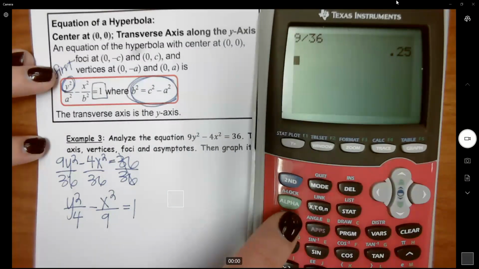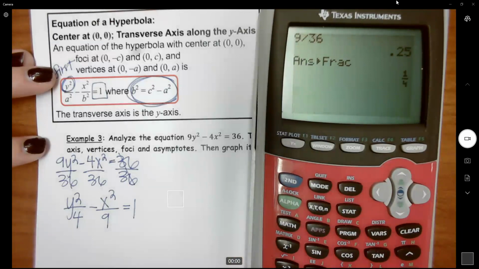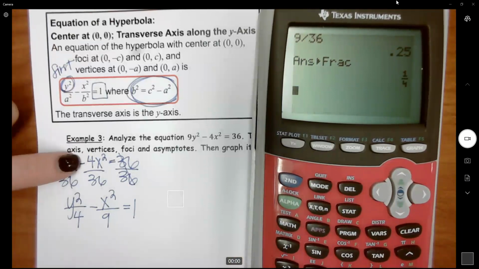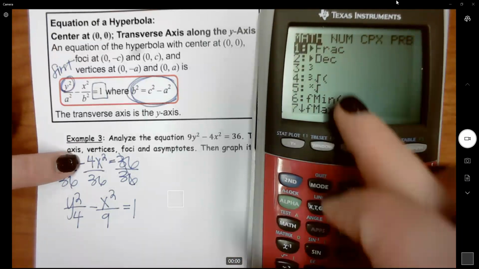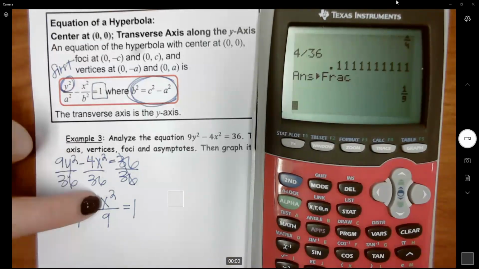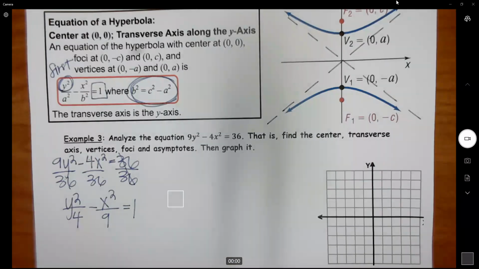If you go to math, the first option converts this to a fraction, and we get 1/4. Same thing here, 4 divided by 36 is 0.1 repeating. So go to math, change it to a fraction, hit enter, and that's 1/9.